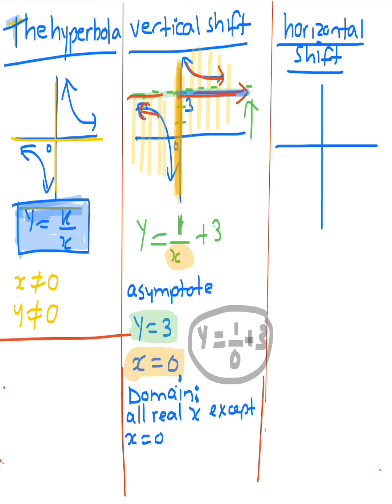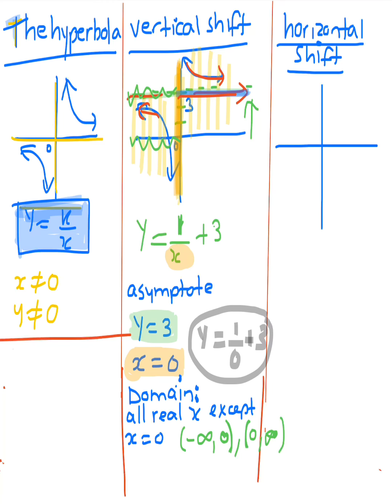And if you put that into interval notation, it goes from minus infinity to 0, and then it can't equal 0, so that's why it's a bracket like that, and then it goes from 0 up to infinity.